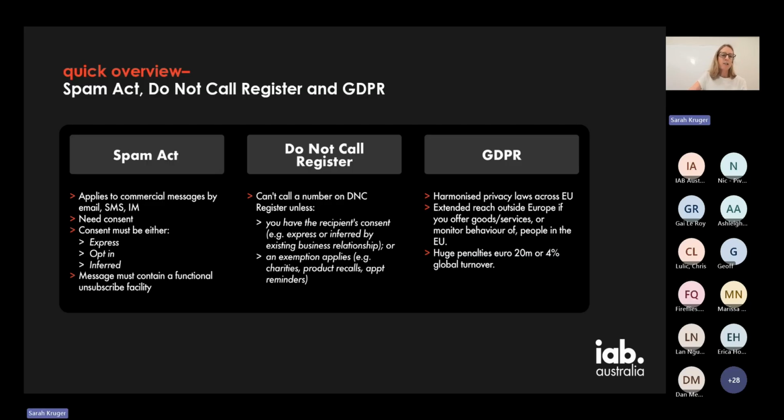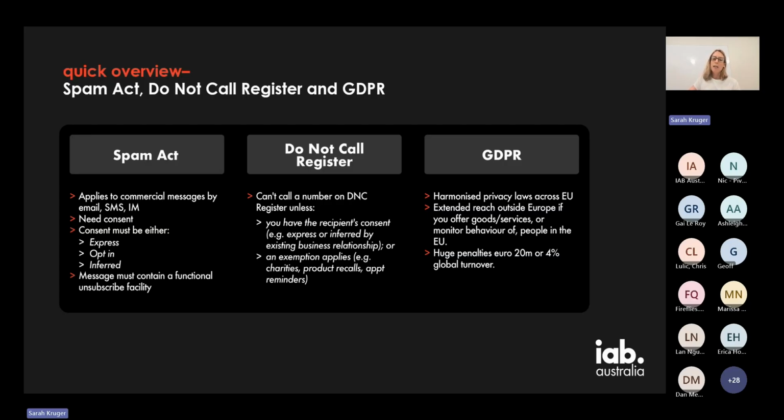You do need consent to send any of those, and that consent can be express, opt-in or inferred, and you need an unsubscribe. I think most people are pretty familiar with that. Do Not Call Register, again, I think people are familiar with the obligations. You need to wash your data to make sure that you are not calling a number on the Do Not Call Register unless you have their consent or an exemption applies.